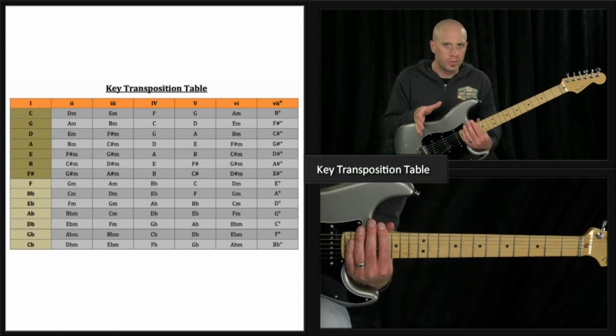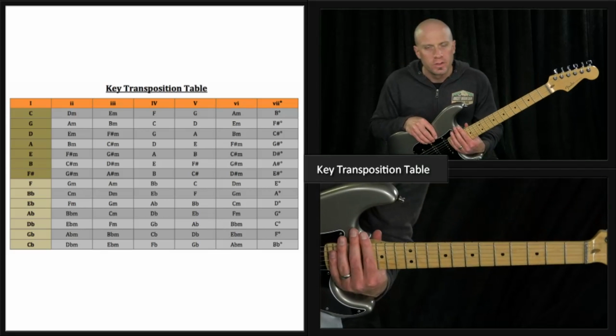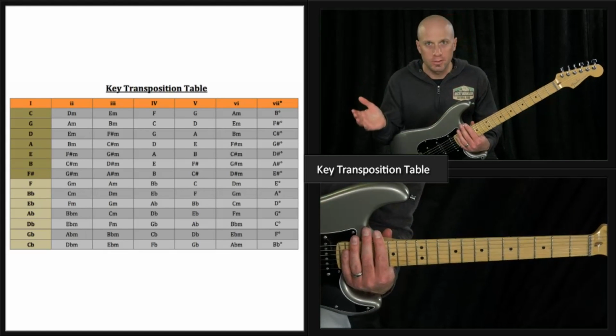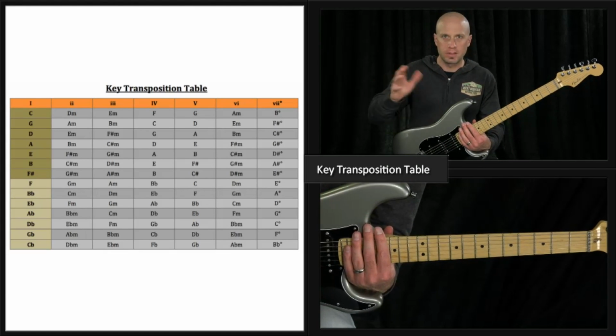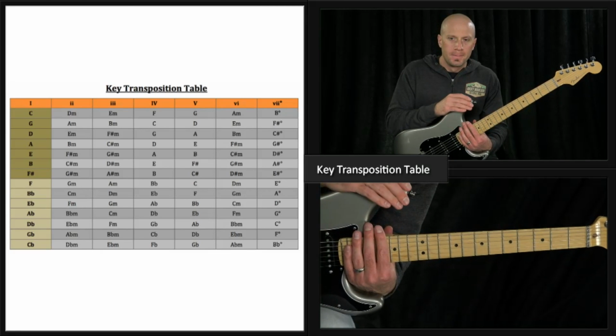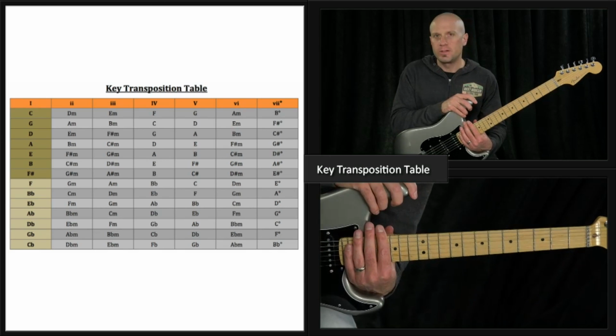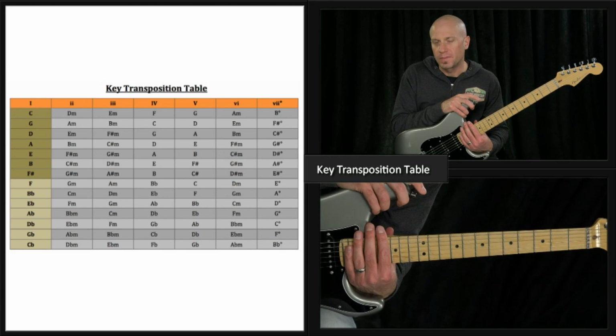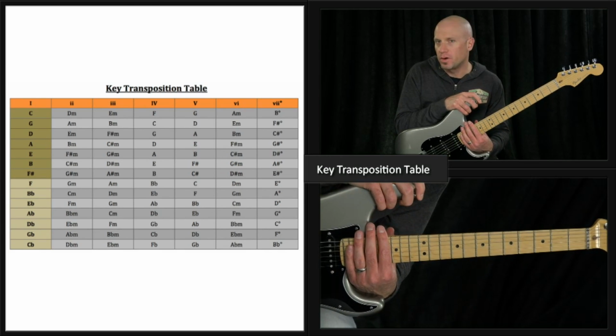Let's go to the major modes. We'll do the same thing. So a major is no sharps or flats. All the intervals are major or perfect. Lydian is a major scale with a raised 4. Lydian is the 4th mode of the major scale.